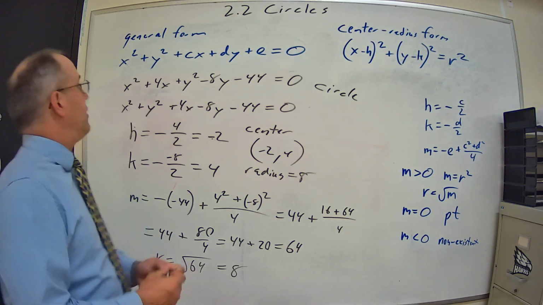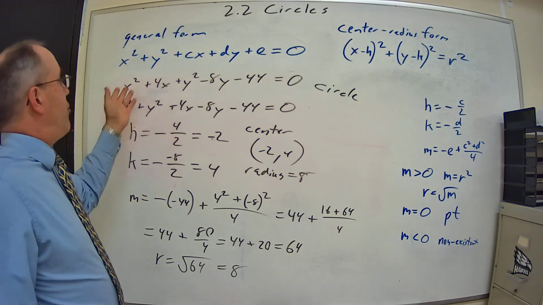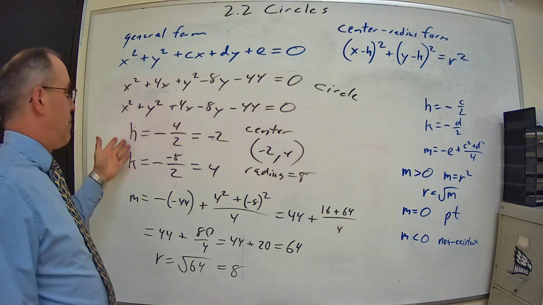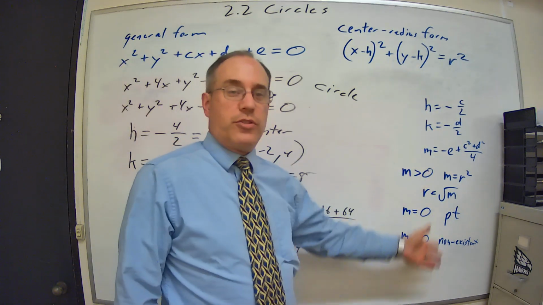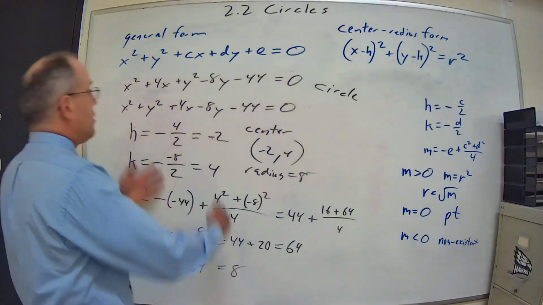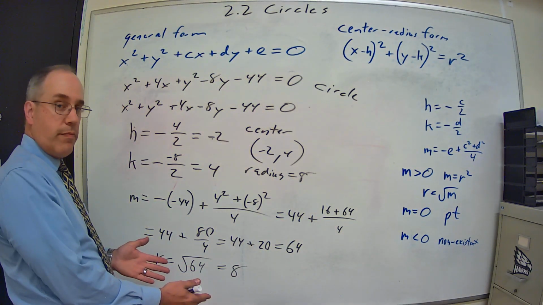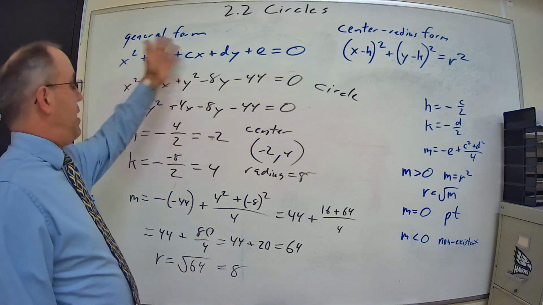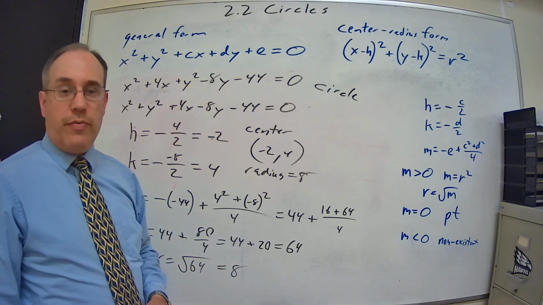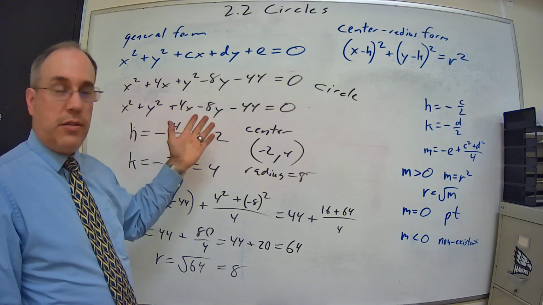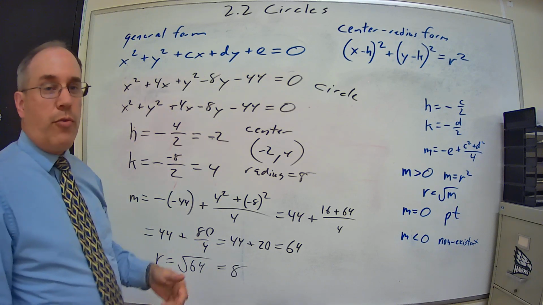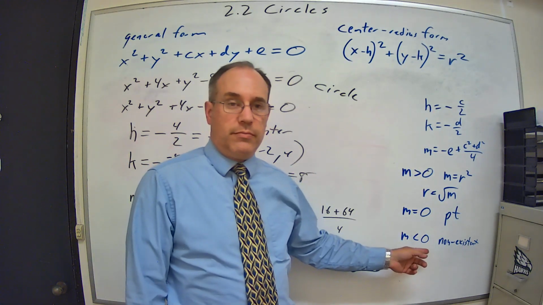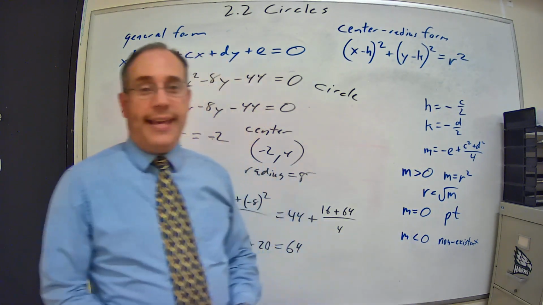So we started with something close to general form, put it into general form, and then used our little formulas over here to work our way through. Could we have completed the square twice to get this? You bet we could have. And it would work. Would it be a little more effort? Well, it depends. Can you remember these formulas? I can't.